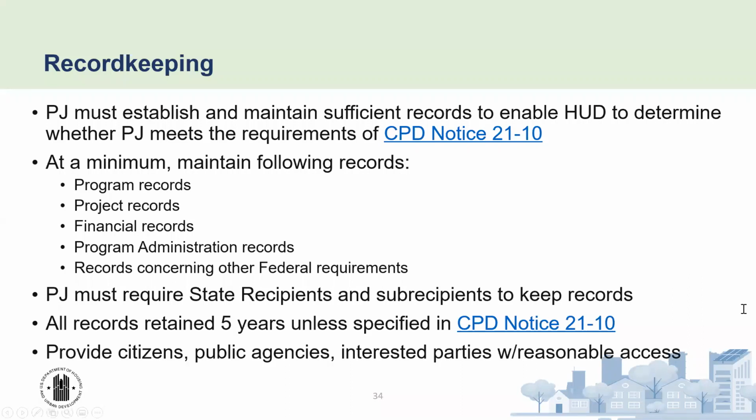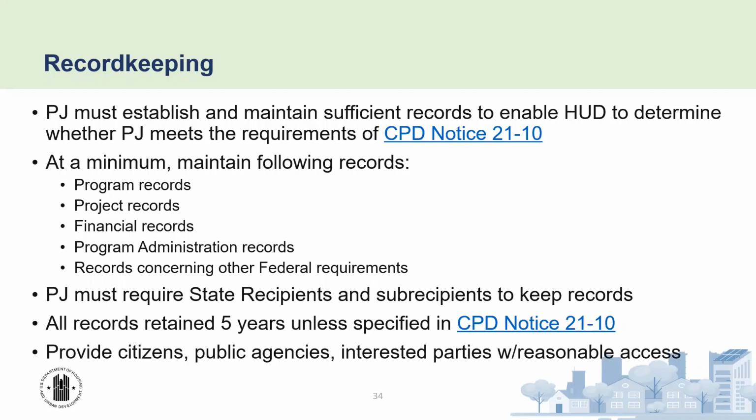The PJ must require its state recipients and subrecipients to keep the program, project, financial, program administration records, and records concerning the other federal requirements, and any other records that the PJ determines to be necessary. The PJ doesn't have to duplicate the record keeping done by its state recipients or subrecipients, but the PJ must keep records concerning its annual review of the performance and compliance of each state recipient and subrecipient.